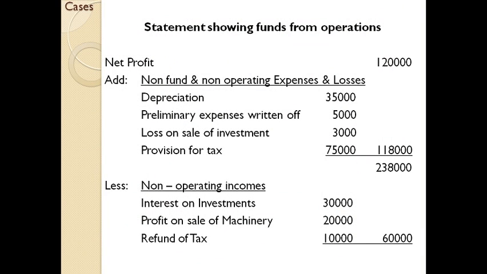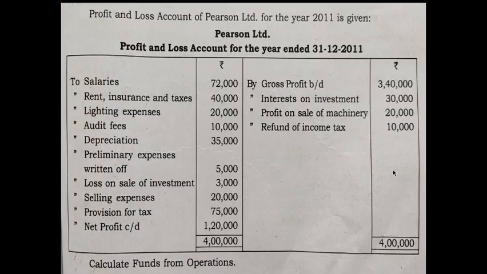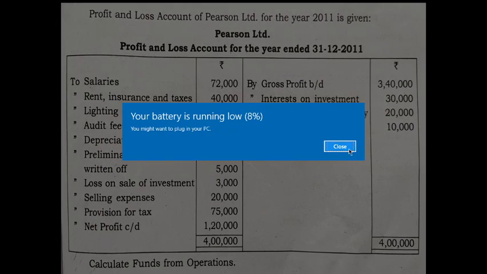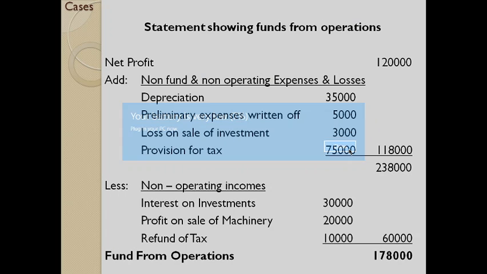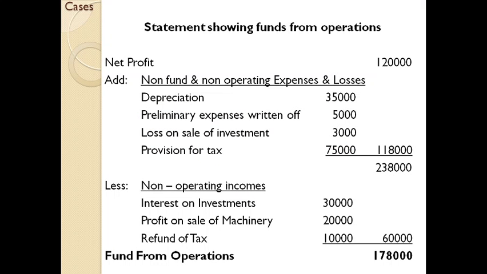If we add all these three items, you will get 60,000, and you need to deduct the same from the total amount. So you will get 1,78,000. So this is the fund from operation. Just go through it. We will discuss further cases in the coming session.